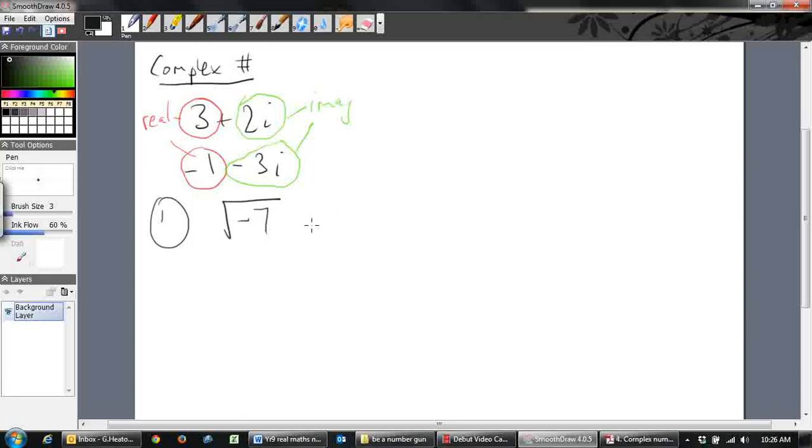Let's have a look at the square root of -7. You know from your surds work that we can break that up into two parts: the square root of 7 times the square root of -1. Just like your surds. What's the square root of -1? That's i.